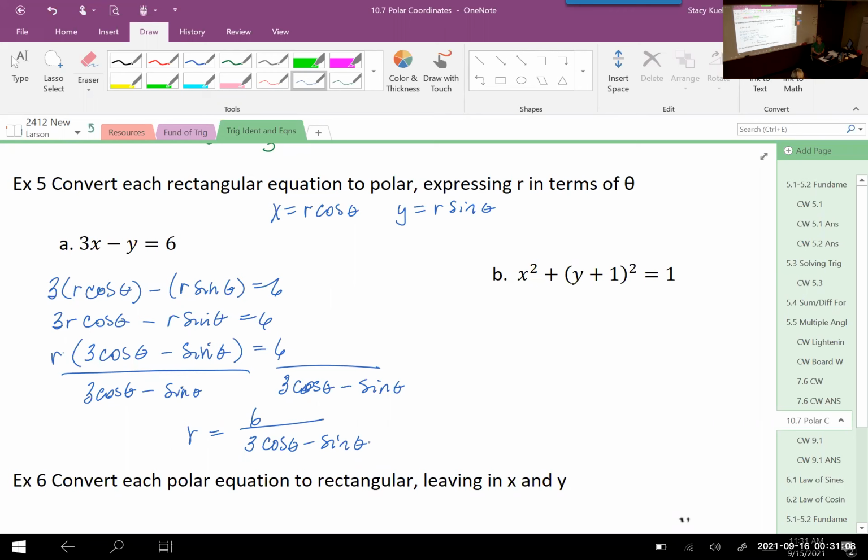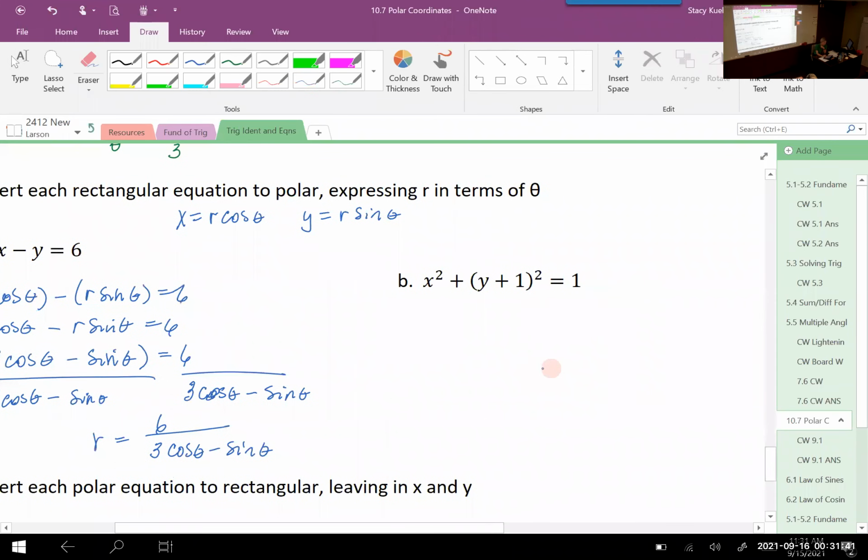It's just not in y-intercept form. So 3x minus y equals 6 is a line. R equals 6 divided by 3 cosine theta minus sine theta is still going to graph a line. It just looks different; it's a different representation. One's polar and one's rectangular. If you graph both of these, it's still going to be a slanted straight line.